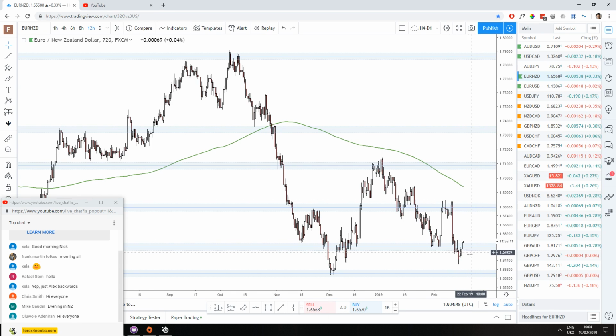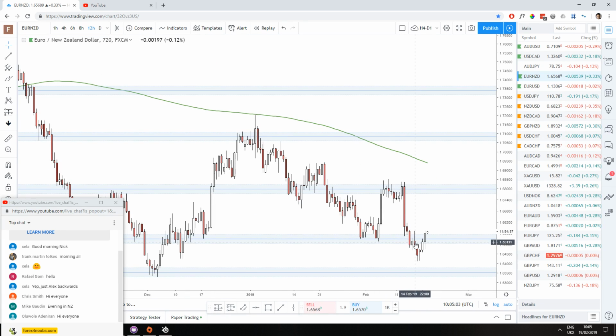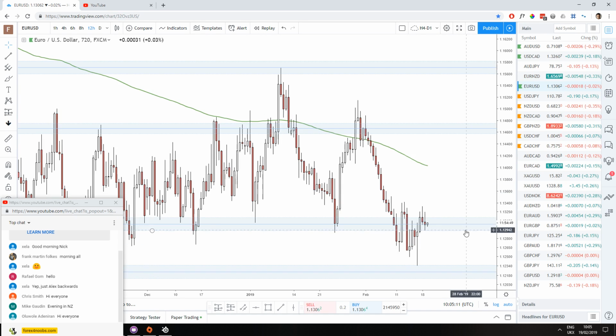I believe we had a setup here last week. I think it was a long trade, right? I think it was a long trade that would have eventually been stopped out by this spike down. But either way, it doesn't look like there's an active trade there right now.